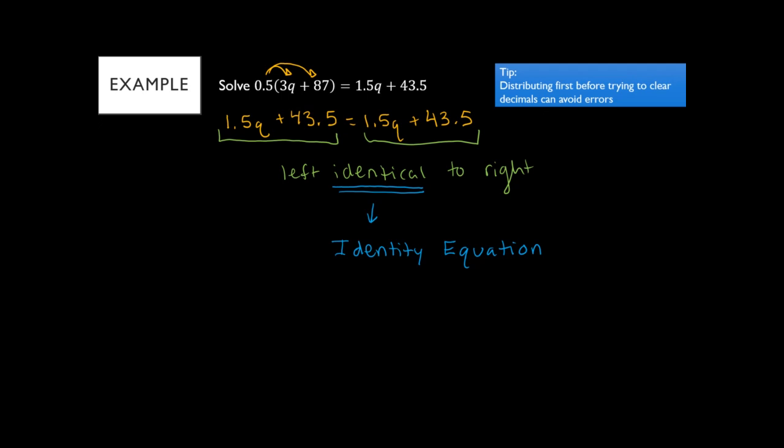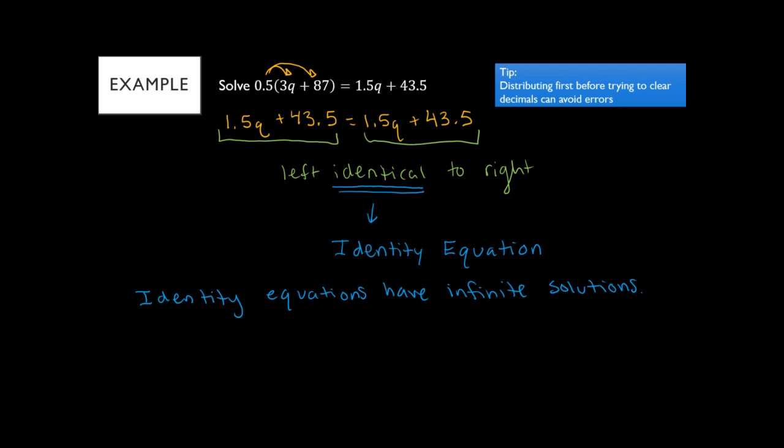You say, okay, the left is identical to the right. That means it's an identity equation, and identity equations have infinite solutions. So I'm going to write that down. Identity equations have infinite solutions.